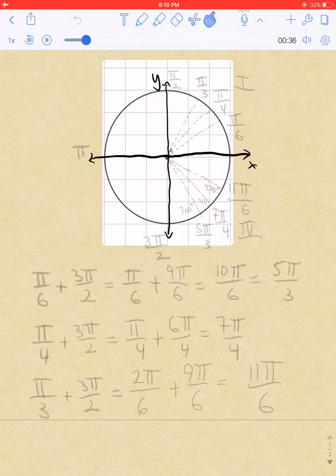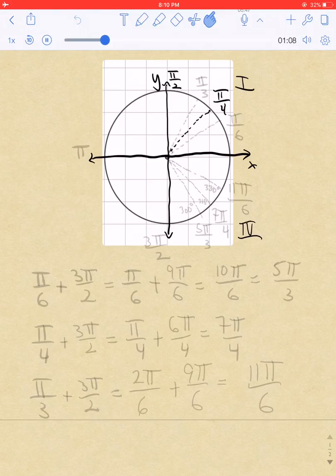Our general angles in the first quadrant, quadrant 1, will guide us to the general angles in quadrant 4. Quadrant 1 was bisected by a 45-degree angle, in radians that's known as pi over 4. If you add another pi over 4 to pi over 4, you get 2 pi over 4, which is equivalent to pi over 2.